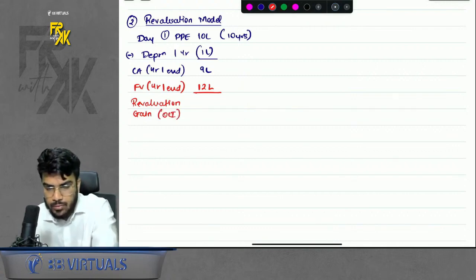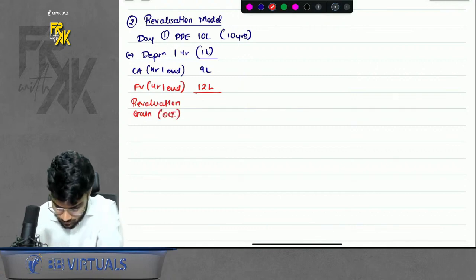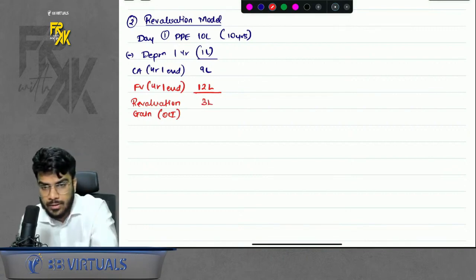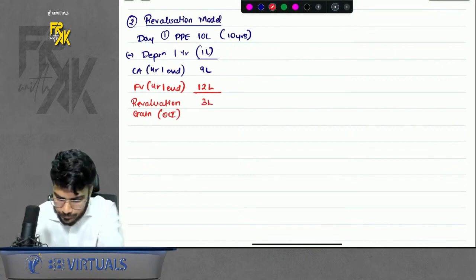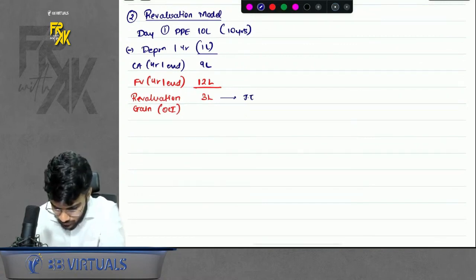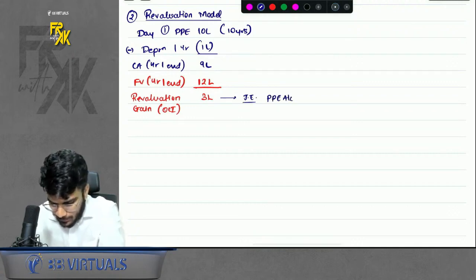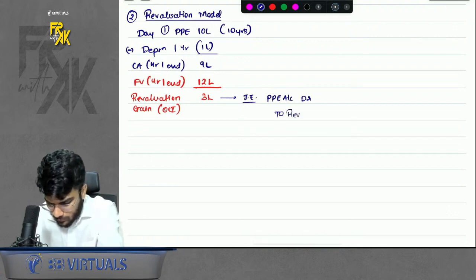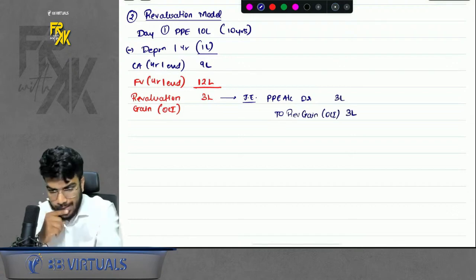Amount will be 3 lakhs. The journal entry for such an increase will be PPE account debit to revaluation gain OCI 3 lakhs.